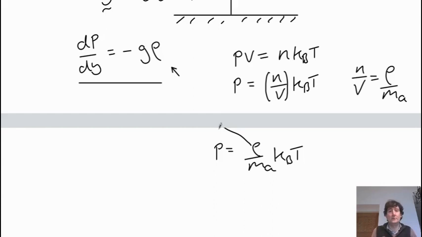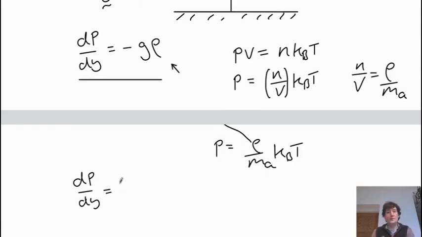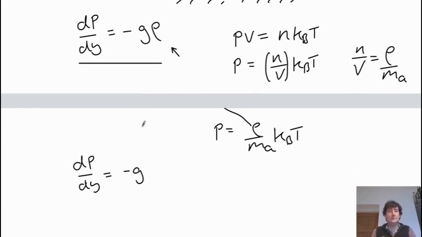And so we end up with an equation which is dP by dy equals minus g, and then we rearrange this equation so we have an m_A comes over here, we divide through by kBT comes over here, and then we have rho equal to P.